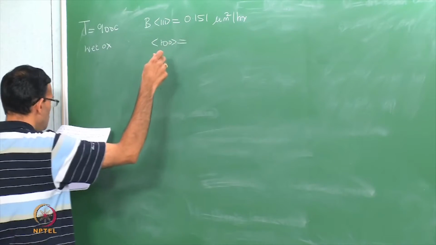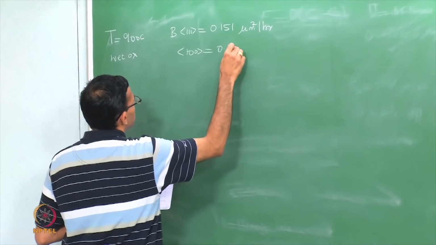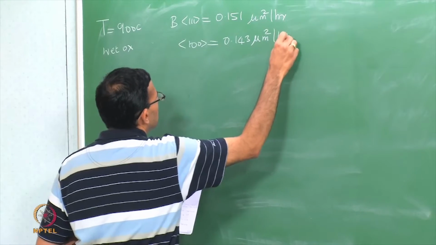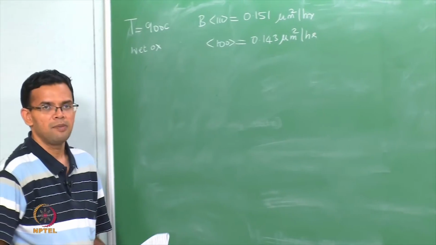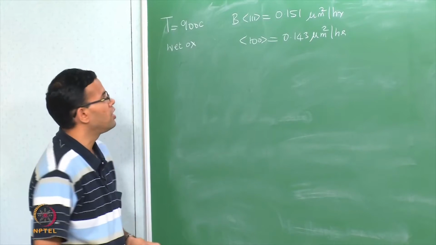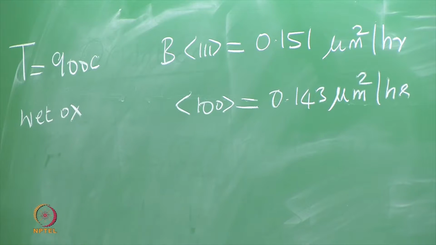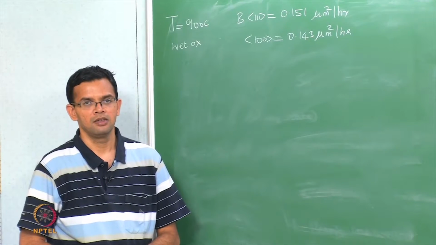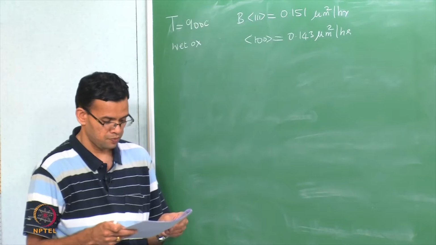For the 100 plane, it is lower, 0.143. Again, with increase in temperature, this difference becomes smaller, but at lower temperature there is always a significant difference in the growth depending upon the plane that is exposed to the surface.